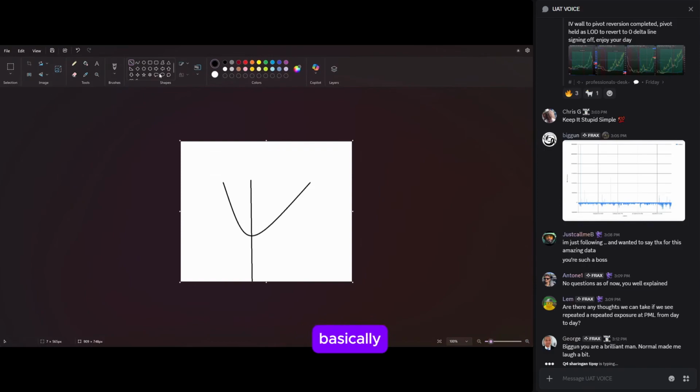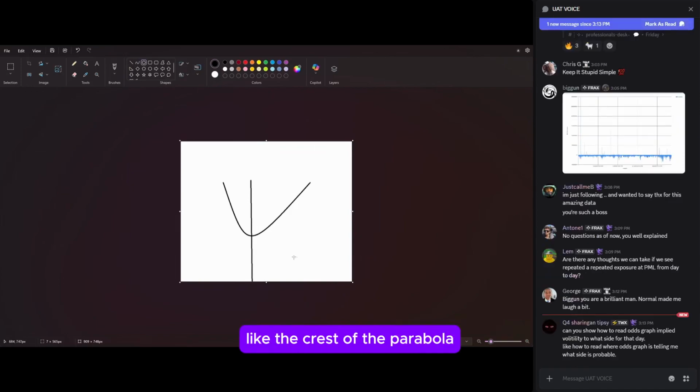Basically, this point, I think of the word apogee. There's a word I'm forgetting for this, the crest of the parabola. This point is where the charm effect, the time decay effect, with both IV and time decay, starts to set in. Market makers are hedging in two ways.